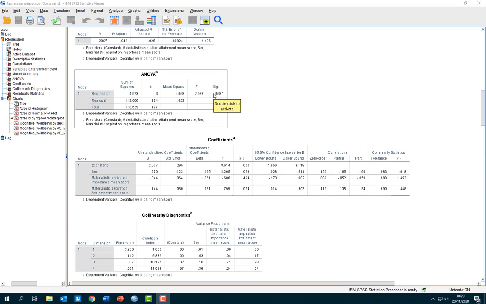It doesn't necessarily mean anything bad if you have non-significant results. When I say it's not a good sign, if you're reporting it, you would look at all of the reasons why you might find this, and sometimes a non-significant result can be really illuminating. If all of the literature suggests that these things predict cognitive well-being, then we can think about why that is not the case.